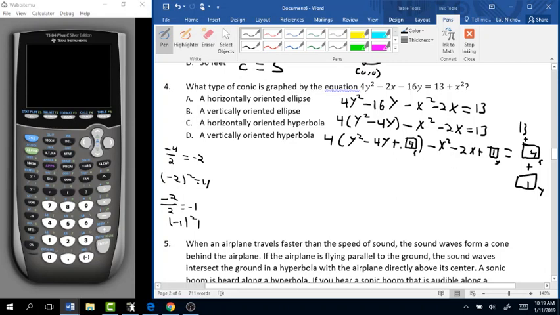So this will factor into 4 times (y minus 2) squared minus (x minus 1) squared. And that will be equal to 13 plus 4, plus 1.